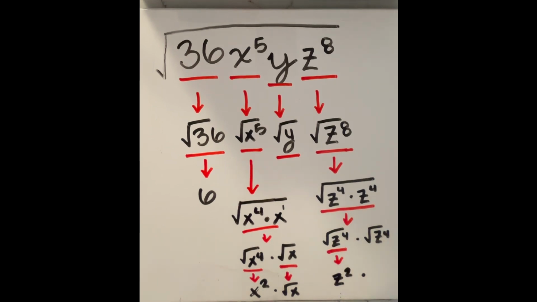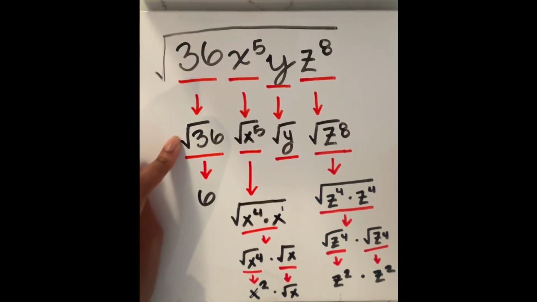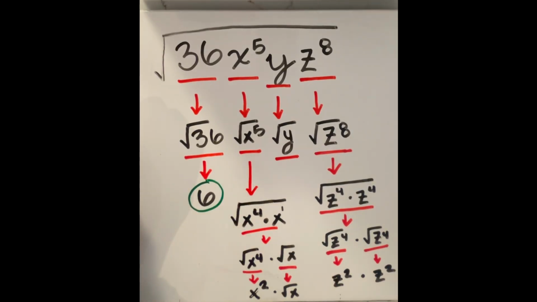And so we'll do the same thing over here where we have our z squared. And so now we have our simplified expressions for each term. So for the square root of 36, we have 6, so I'm going to circle that in green.